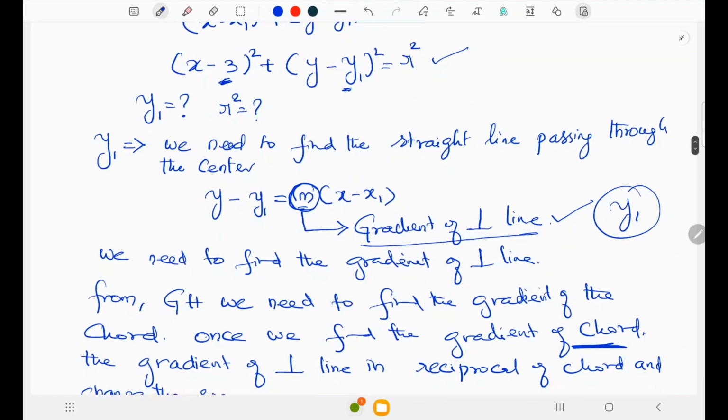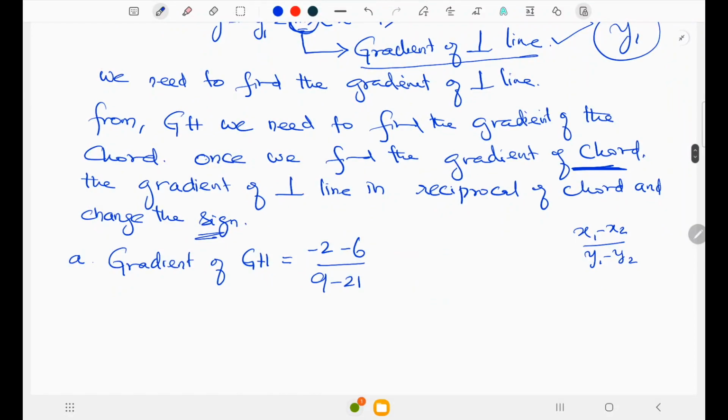So here, x1 is minus 2 minus 6, x1 minus x2, divided by y2 minus y1, equals minus 8 by 12, which equals 2 by 3.